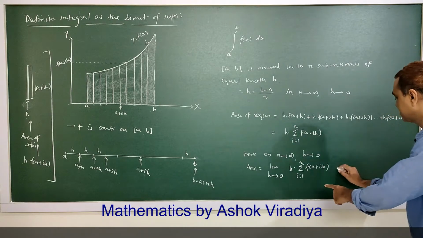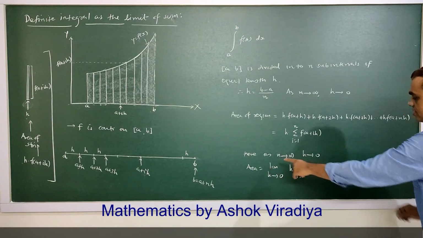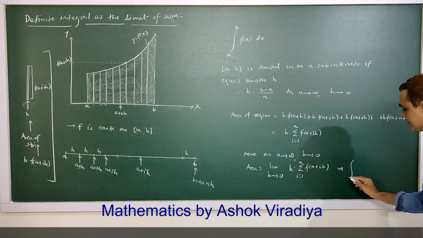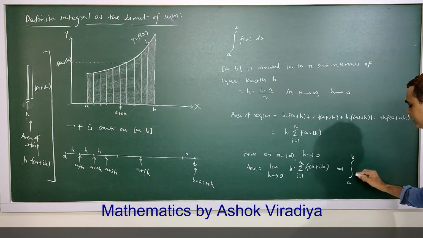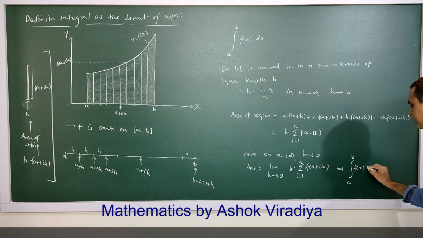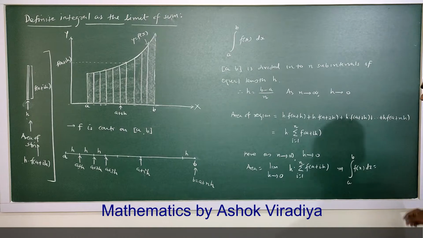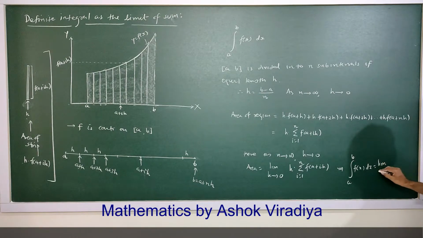So this is the formula to find area, meaning the value of the definite integral from a to b of f(x) dx is equal to the limit h tends to 0 of h into sigma f of a plus ih, i equal to 1 to n.